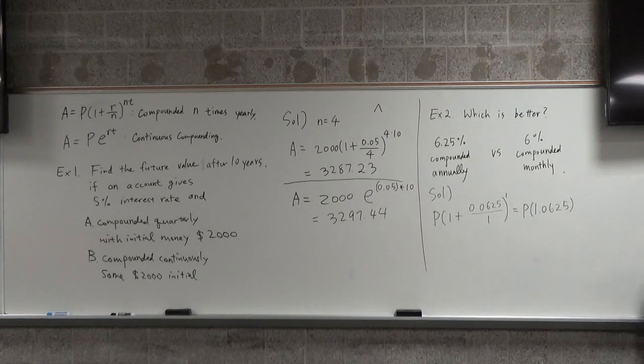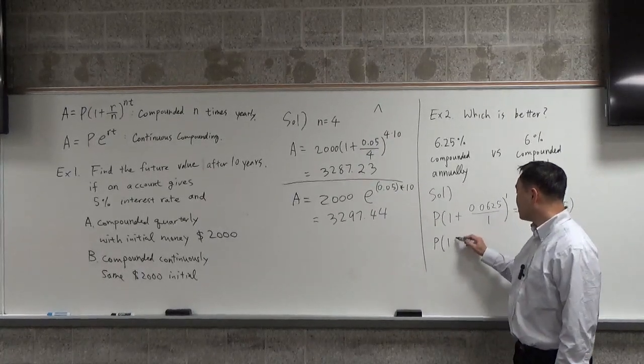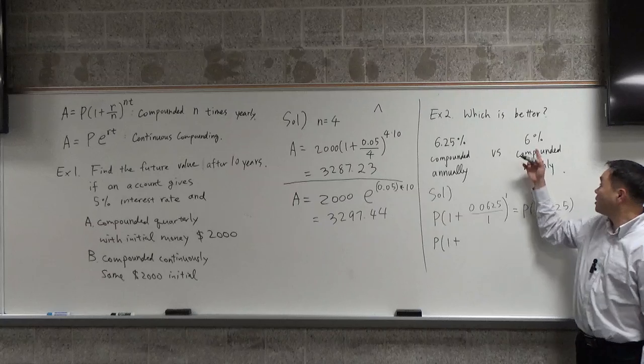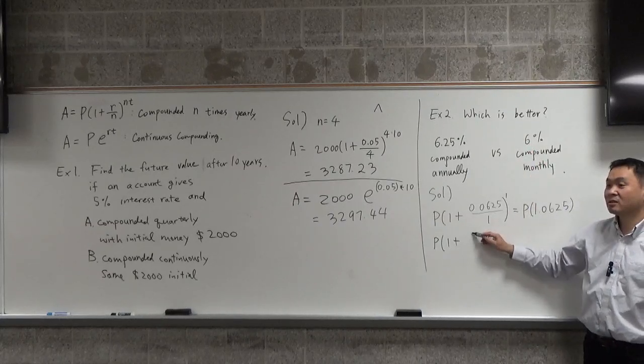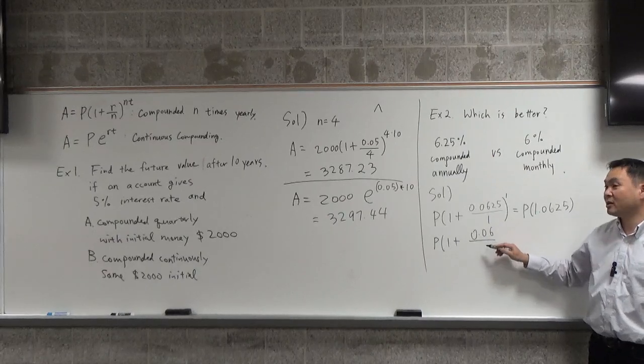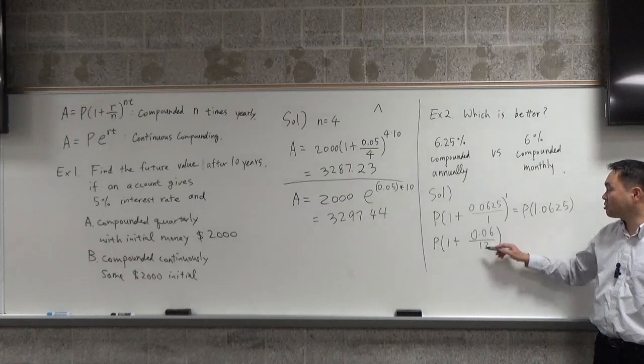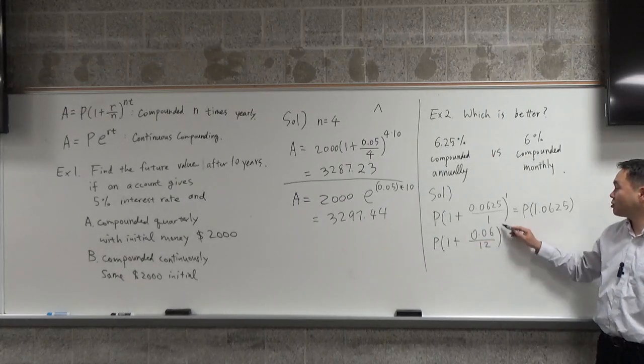Now let's look at the second case. P times 1 plus, how do you convert that into rate? 0.06 divided by monthly, that's 12. How many times do you apply this? 12th power.